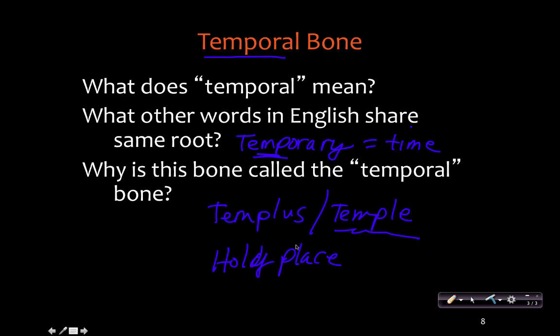This was thought to be where your holiness was, at least to the Romans. This is Latin, so to the ancient Romans, the space between these two bones on the sides of your head was where your holiness resided. So that was the temple, a place that was sacred, believe it or not.